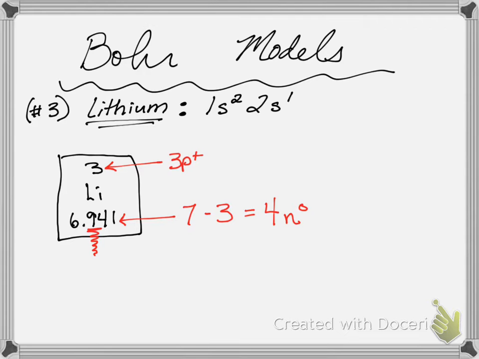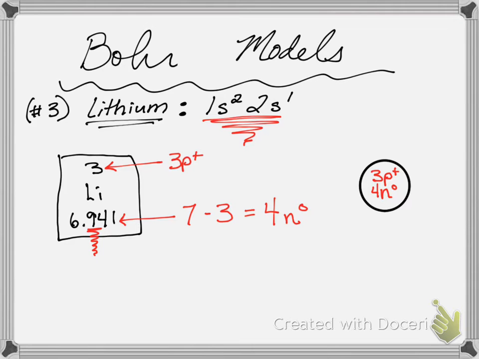Alright, so let's build this Bohr model. Starting with the nucleus, we are going to tell what is inside of the nucleus first. We have 3 protons, and we have 4 neutrons. Now we are going to start building the rings, and the rings are dictated from the electron configuration.